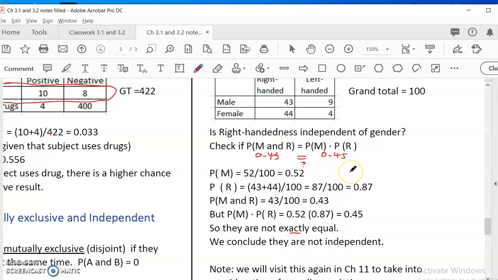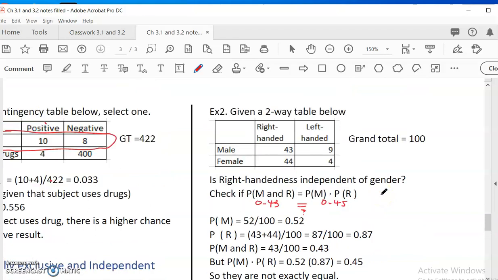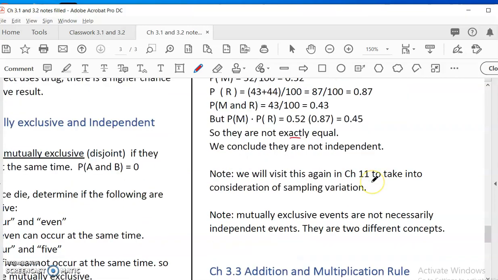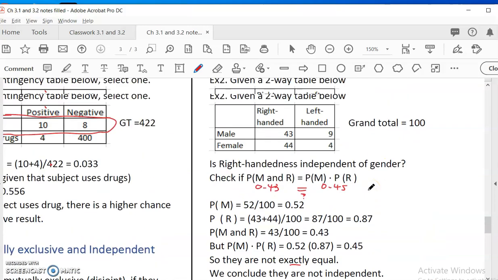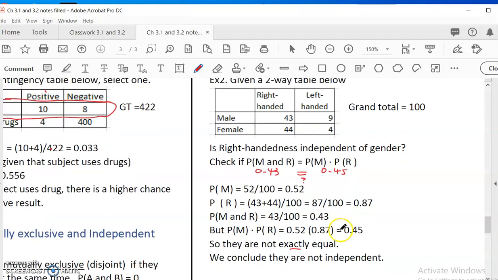Now later on, like what I said before, in chapter 11, we'll look at this again because, well, they're so close. Maybe it is because of sample variation, right? So we will take into account sample variation to check if two categorical variables are independent or not. In the extreme case, if one of them is 0.1 and the other is 0.5, then you know that they are surely not independent.